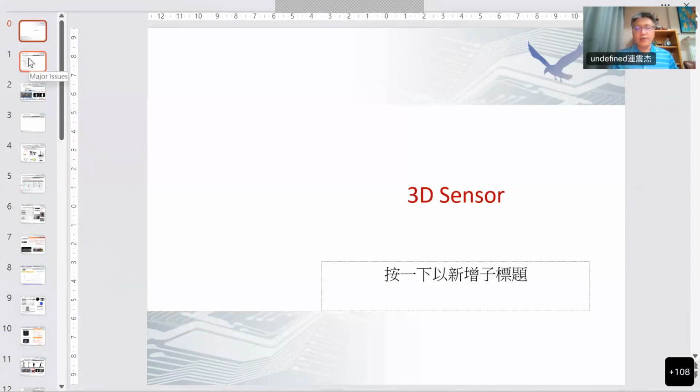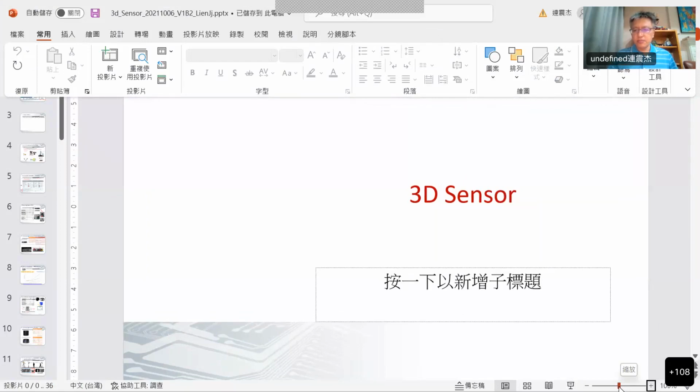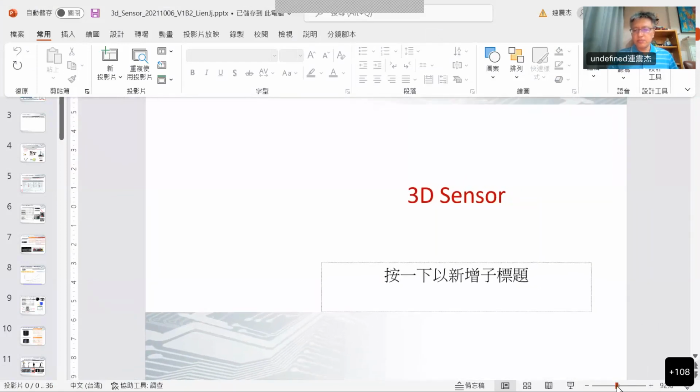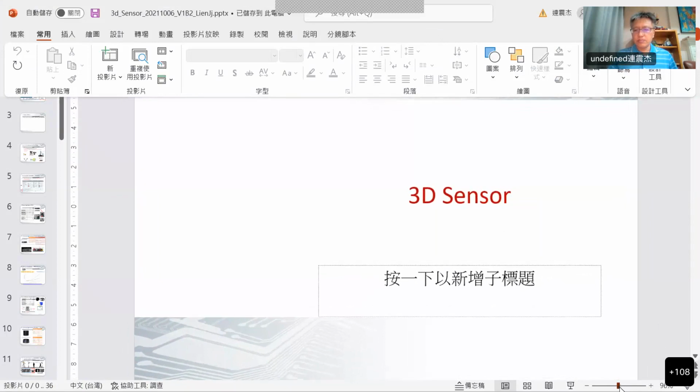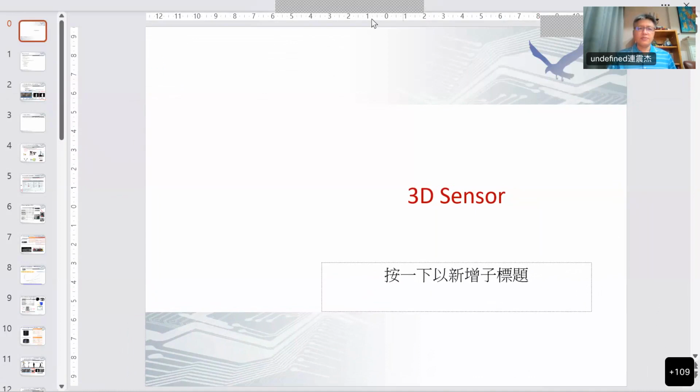Okay, we talk about 3D. After calibration, we can talk about 3D. So 3D is getting important, especially the 3D sensor, because right now we have self-driving cars and robots. I do robots.